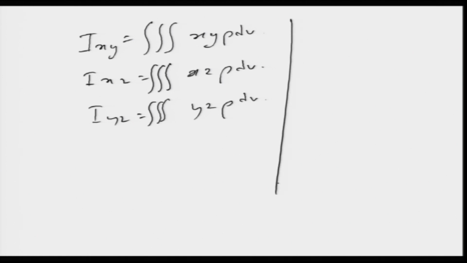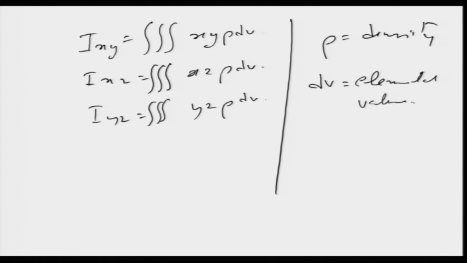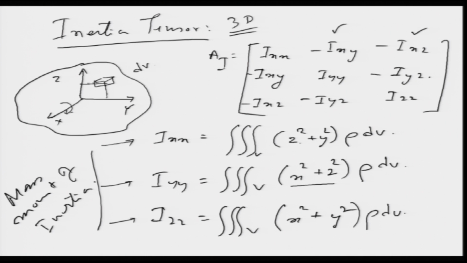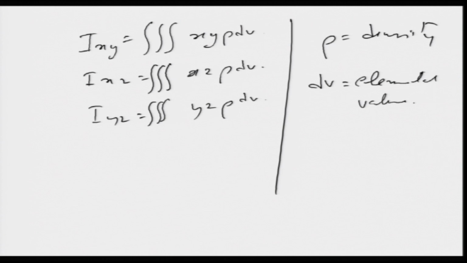What is rho? Rho is the density, and dV is the elemental volume. This characterizes the mass distribution of a body, and these are called the mass moments of inertia and the mass products of inertia.